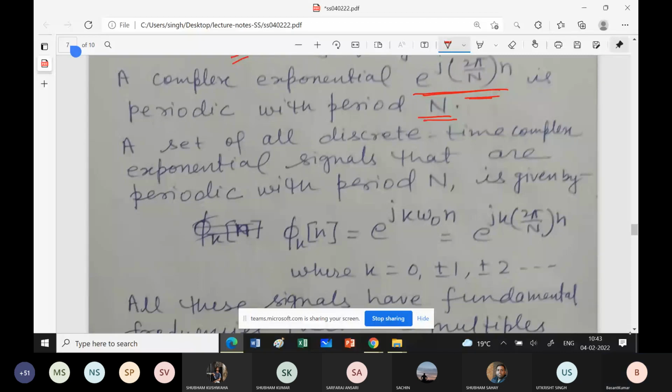various complex exponential signals which are harmonically related.